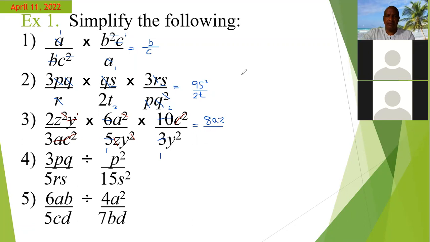All right, what do we have now in the denominator? Plus y squared. So how much do we have in the denominator? Y cube.